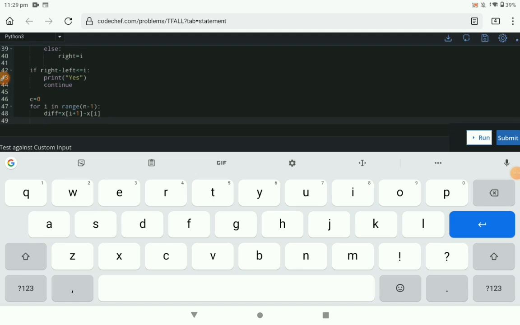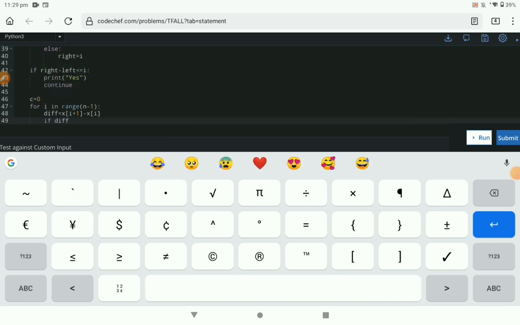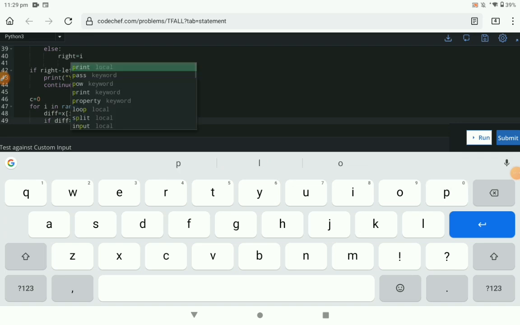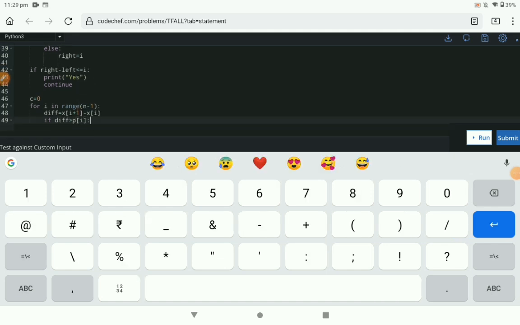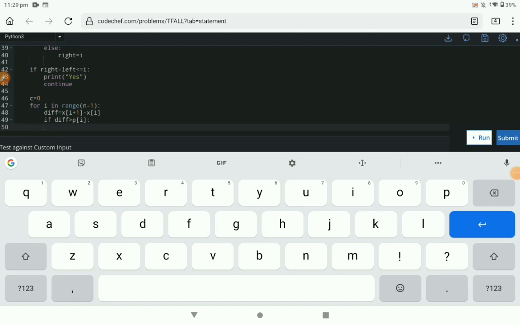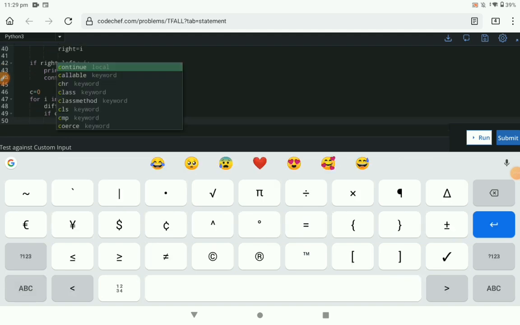So basically we will have the difference of the right element from the left element, meaning the index of the right ball minus the index of the left ball. If our difference is greater than the power of the ball at the ith position, we will just increment our c.